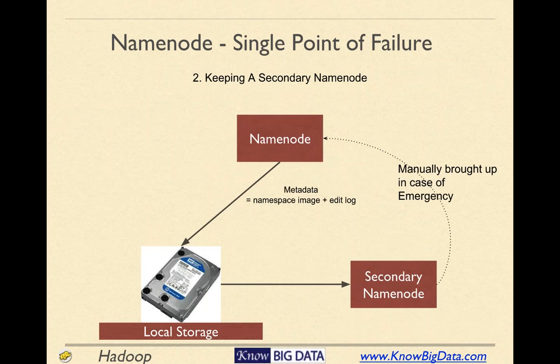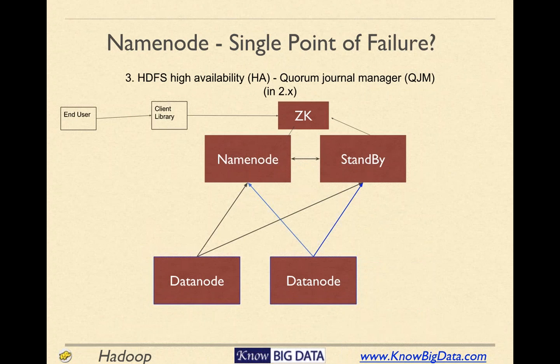Name node has its own clone called standby, which the client driver, name node, and data node keep updating. Standby is updated by everybody, so that standby is always a reflection of name node.